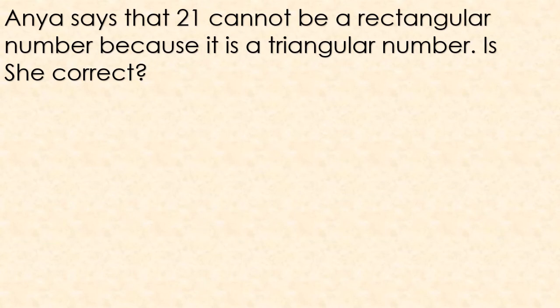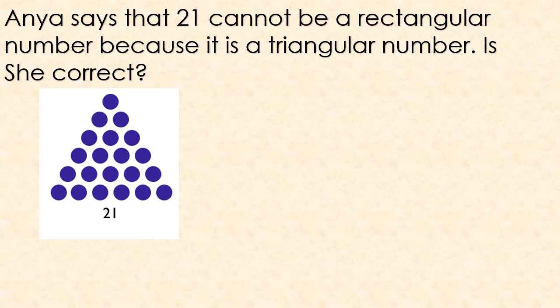Anya says that 21 cannot be a rectangular number because it is a triangular number. Is she correct? We know that a triangular number is a number that can make up a dot pattern forming a triangle. Let's take a look at this diagram. There are 21 dots. Now let's look at a rectangular number.